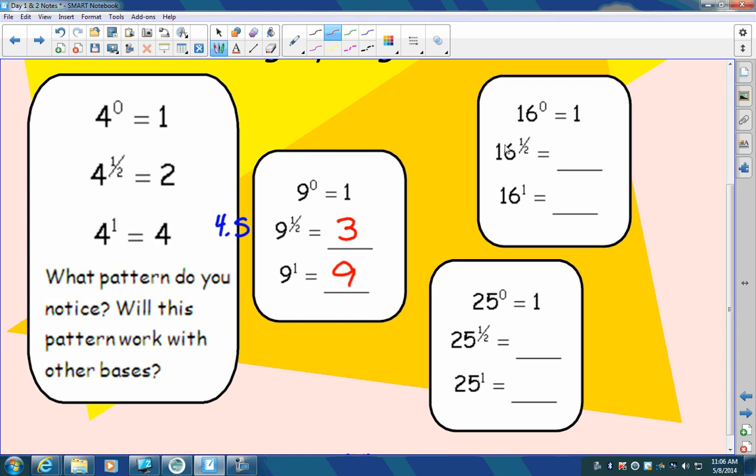Now, when you went to 16, most likely you thought it was 8. But what did you find out that 16 to the 1/2 was? 4. 16 to the first power? 16. Again, 25, you thought it was 12.5. And really, when you put it in the calculator, it was 5.